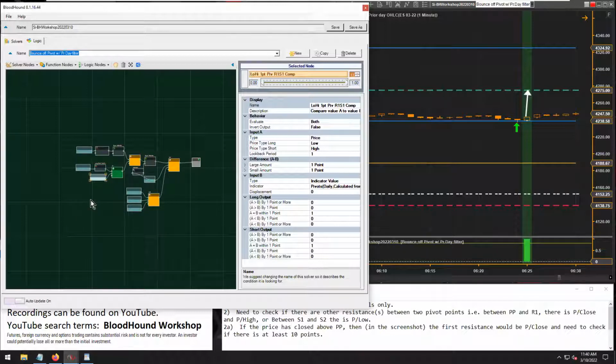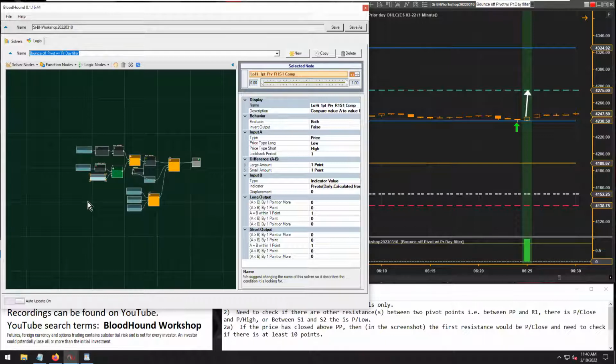So we'll do this for the pivot PP line and the pivot S1 line, and I'll stop there with just those three lines.